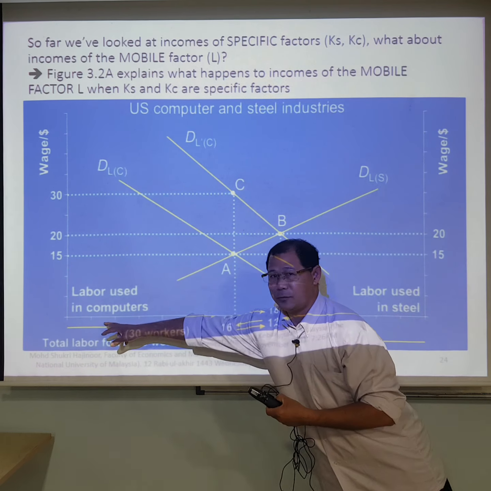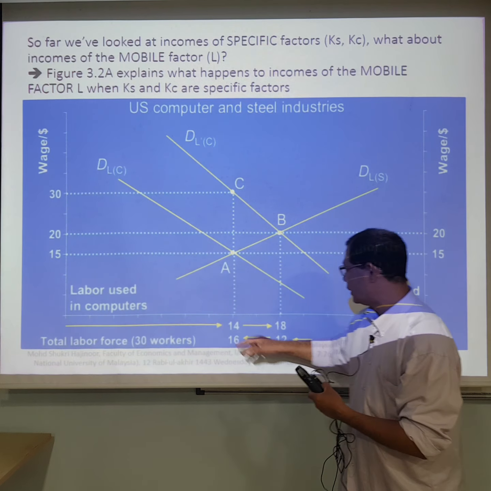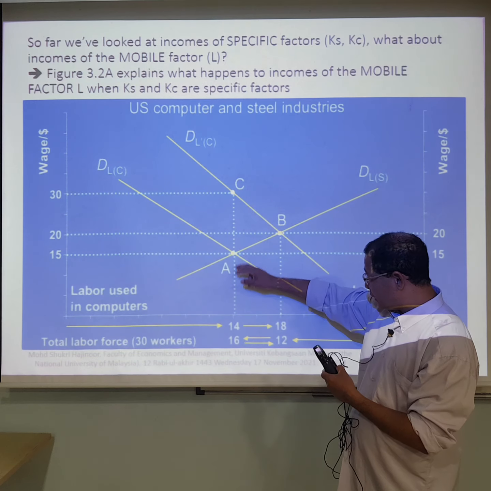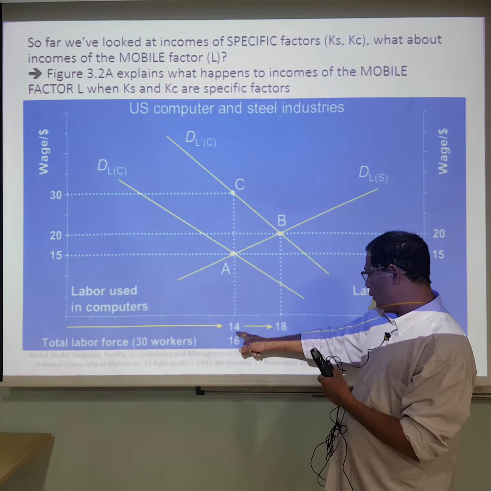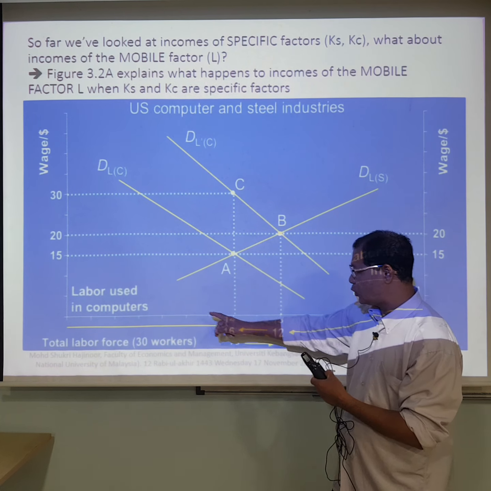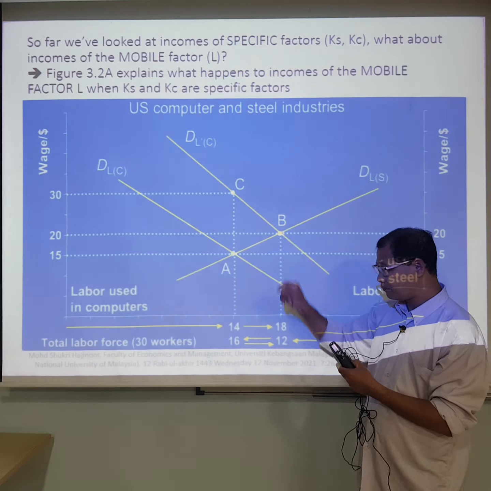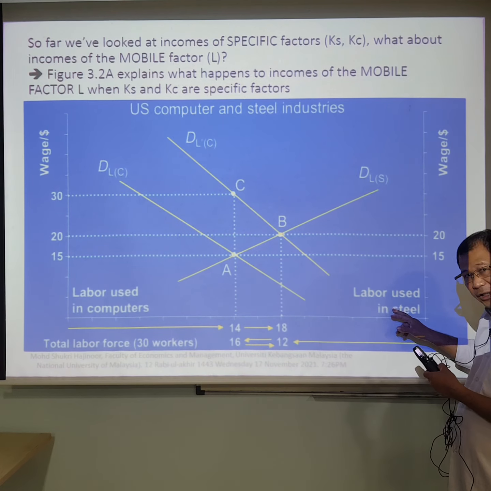Now, we can put them together as the total number of workers. So we begin with point A, the equilibrium here. So 14 workers are working in the computer industry in the United States, whereas 16 workers are working in the steel industry in the United States.